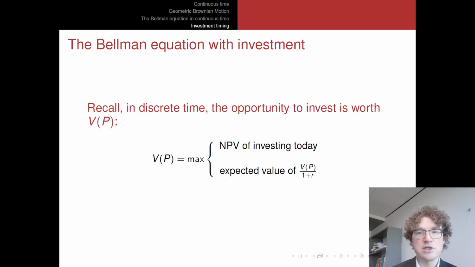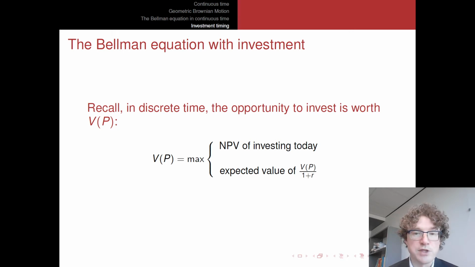So that's the question. We're going to deal with it using the Bellman equation, but now with investment. In discrete time, the Bellman equation said the value of this option, V of P, is the maximum of what we could get if we exercise it right away, the NPV, or the value that we get if we wait one period and then again make this assessment: do we want to invest at that moment or wait longer?